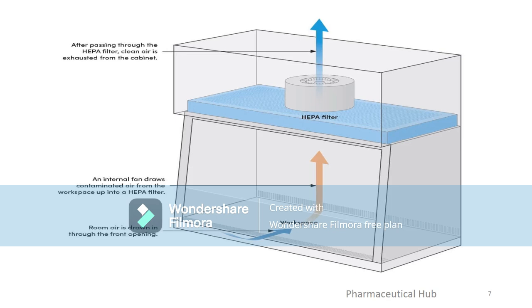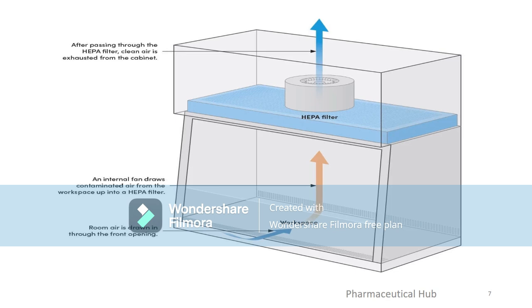Upward flow, orange arrow. An internal fan draws the air from the workspace upward. This air contains any aerosols or contaminants generated during the work process. Filtration and exhaust, blue arrow. The contaminated air is forced through a HEPA filter, which traps a large percentage of airborne particles like bacteria and viruses.